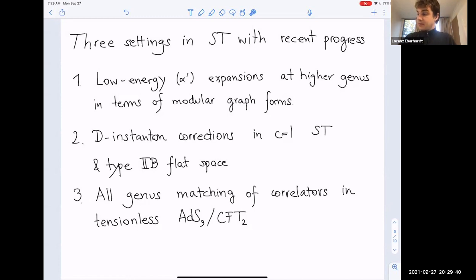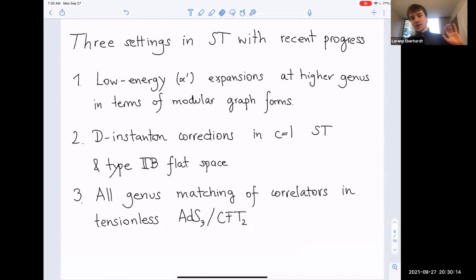Another area where we have big progress, I would say, is in D-instanton corrections. Until now, we only talked about perturbative corrections, but of course, there can also be non-perturbative corrections. The Harvard group, around Xi Yin, Victor Rodriguez, and Bruno Balthazar, studied c=1 string theory. In c=1 string theory it's a nice situation because you know the dual matrix quantum mechanics, and so you can study these corrections.